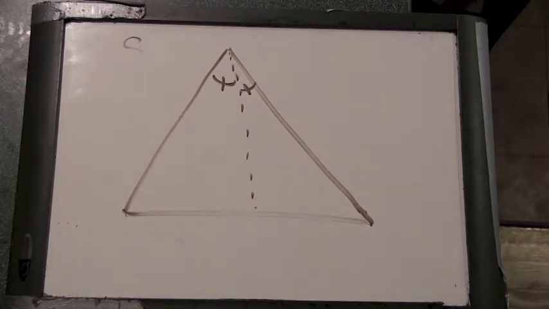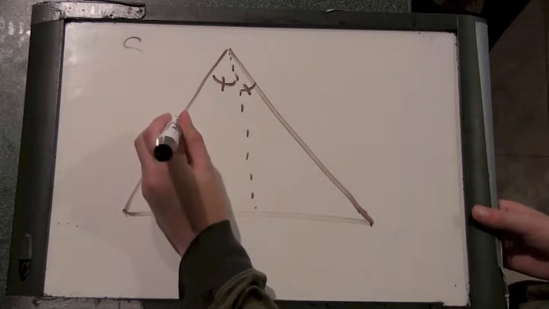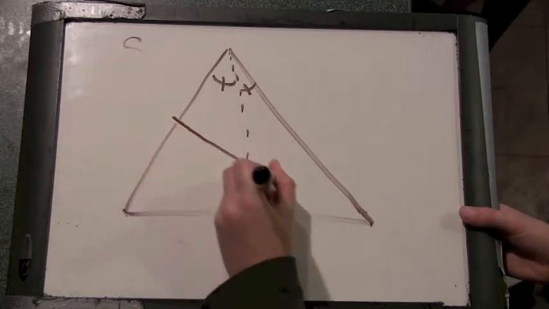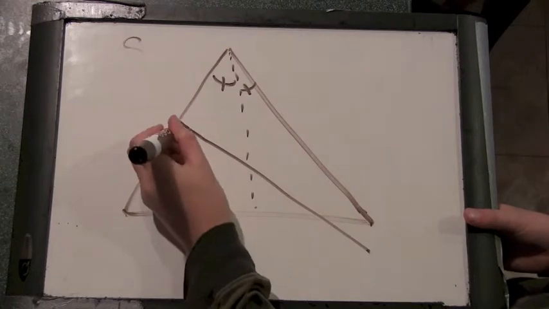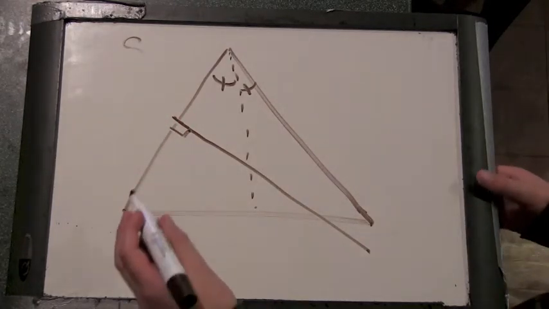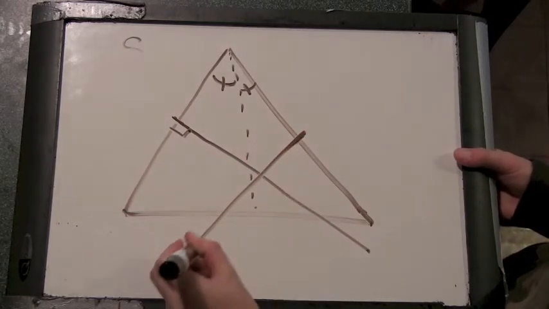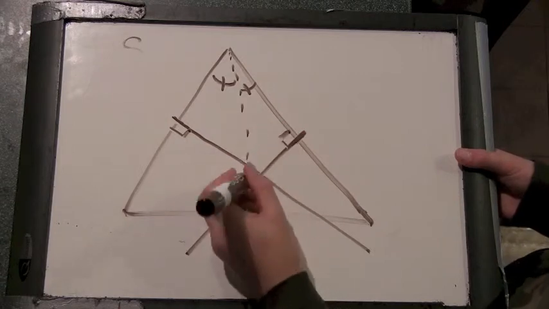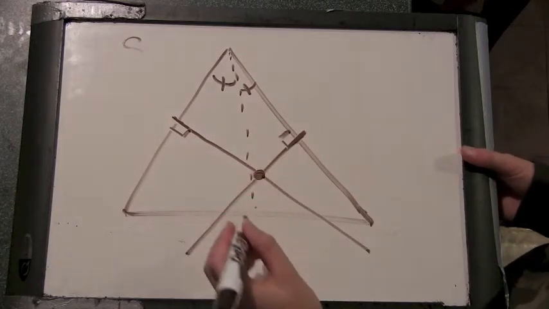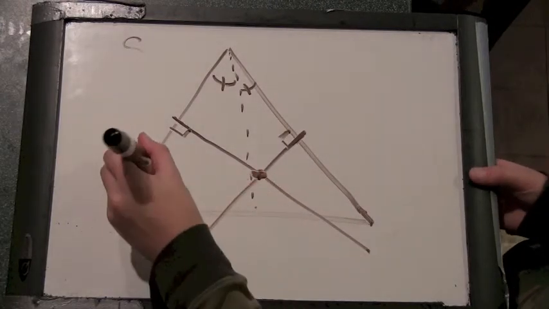And the circumcenter is the point where the perpendicular bisectors meet. So, I'll draw the perpendicular bisectors. You only really need two, just to show it. And they're perpendicular bisectors.